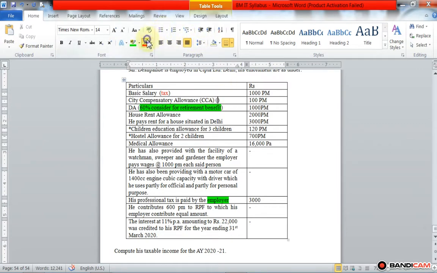We already studied the fully taxable allowances. DA is fully taxable. Then HRA: we have to compute the exempted HRA, so it is partly taxable and partly exempted.